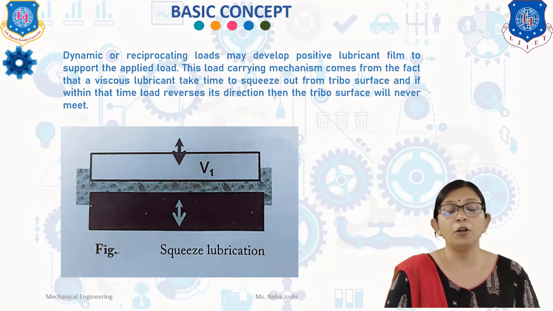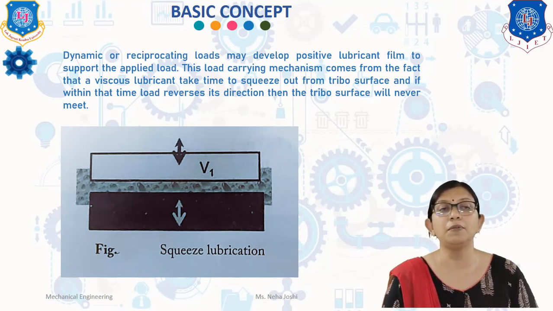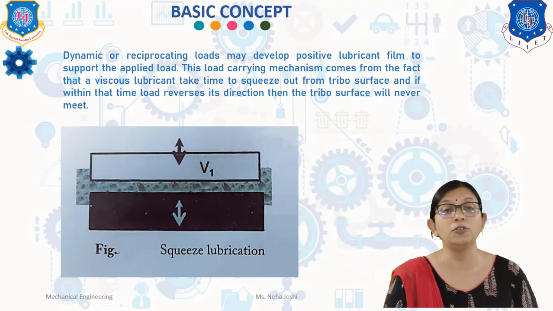Now, one of the negative effects of squeeze film lubrication occurs in the tires of automobiles. We can see it in the tire of the automobile and the road in the rainy season, where due to squeeze film action, a water film builds up between tires and road. When this happens, traction is lost and steering or braking becomes uncontrollable.